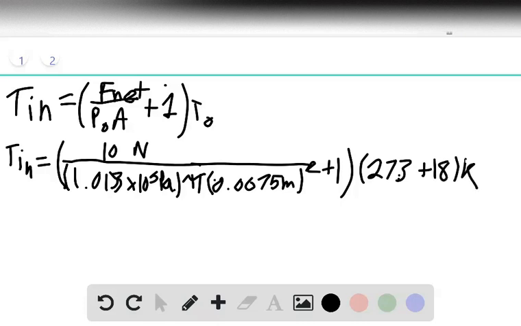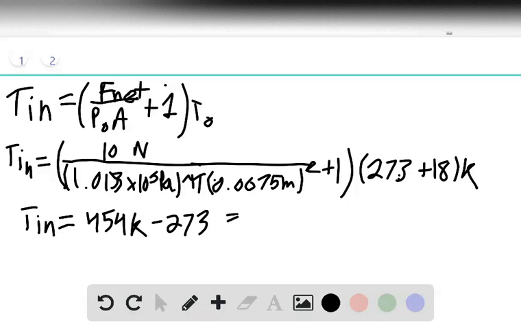Okay. All right, so now plug all that into your calculator and you get T in equals 454 K, which we can convert to degrees Celsius, minus 273, and you get 181 degrees C.